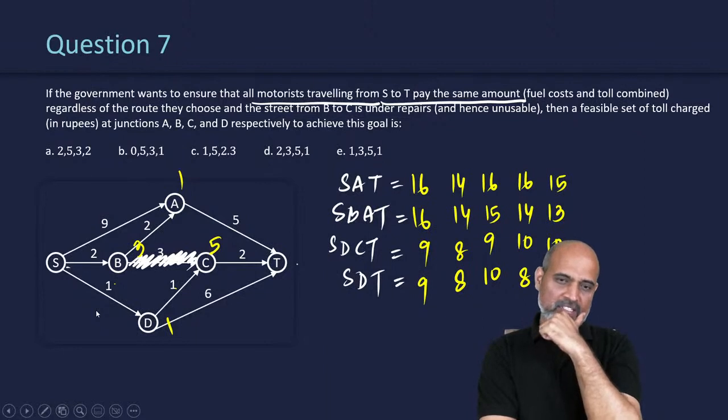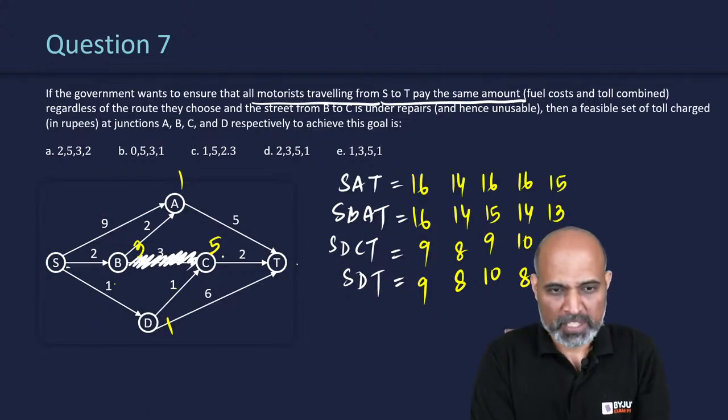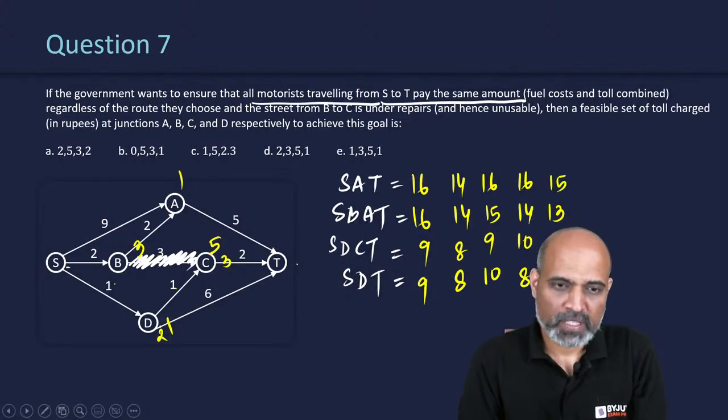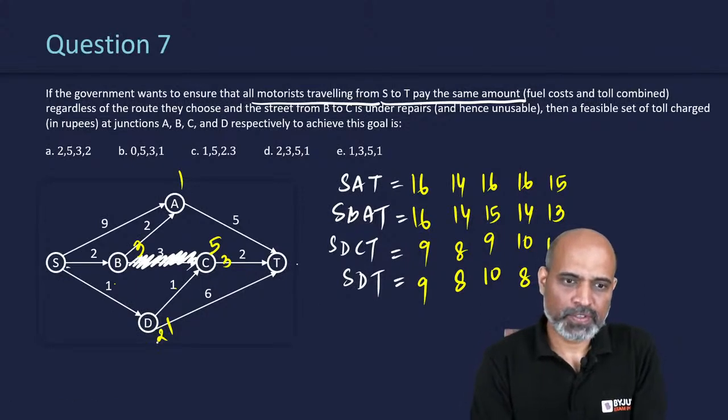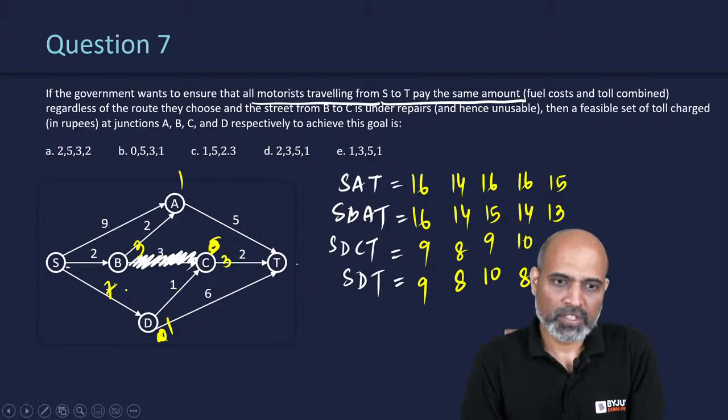I think there is a typo in the question. Let me just verify once. 3 to 5, 6, 7, 8, 9, 6, 7, 8, 9. And if we take 3 and 1 and 7, so 13, 14, 17, 14.